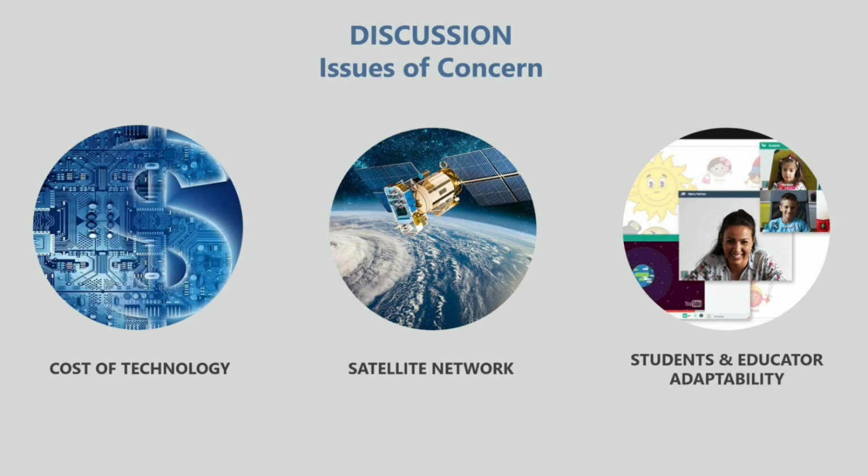Satellite network is also an issue, especially in Malaysia, which has a tropical climate where the network quality will be affected by the season, for example the rainy season, presenting the rain-fade phenomenon. Students' and educators' adaptability refers to how teachers and students are able to adjust to the new online learning experience. This would vary from one individual to another, but this would be faced in physical learning as well. For online learning, one of the ways to improve it is by training and gaining experience.